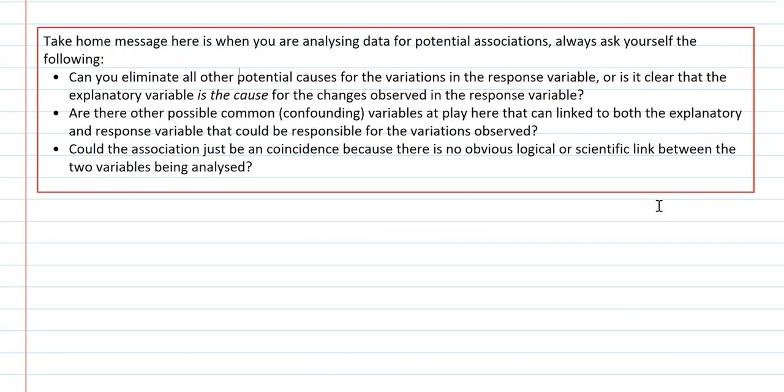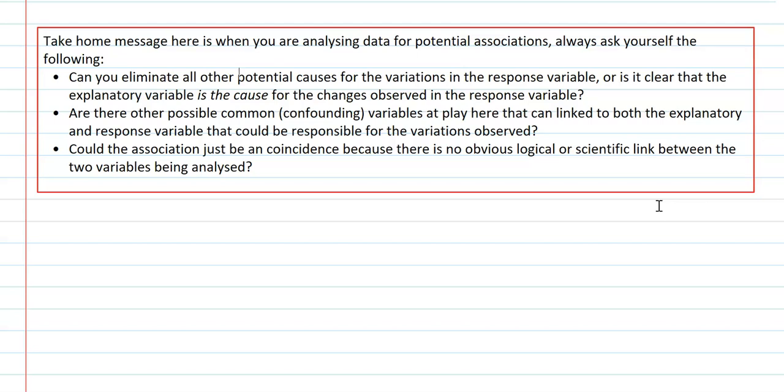Okay, so the take-home message is when you're analysing data for any scenario looking for potential association, always ask yourself the following questions. Can you eliminate all other potential causes for the variations in the response variable? Or is it clear that the explanatory variable is the cause for the changes you're seeing?